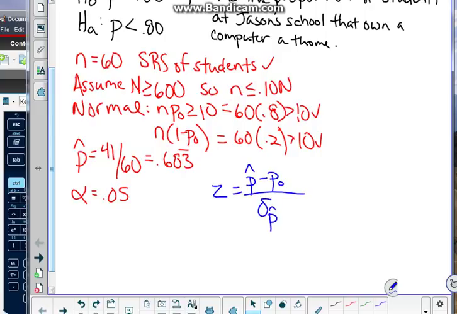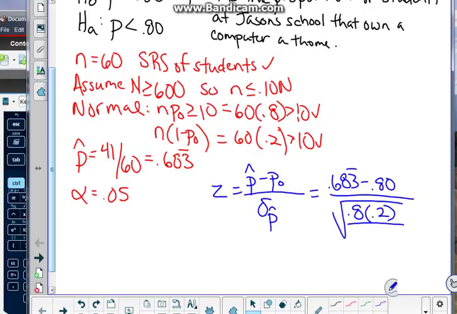Plugging in all of these things, p hat is 0.683 repeating, minus 0.80 for the p naught. And when we are entering in the standard deviation of our sampling distribution, we use p naught. So 0.8 times 0.2 divided by my sample size of 60. Punch that into your calculator, and you will find your z-score.